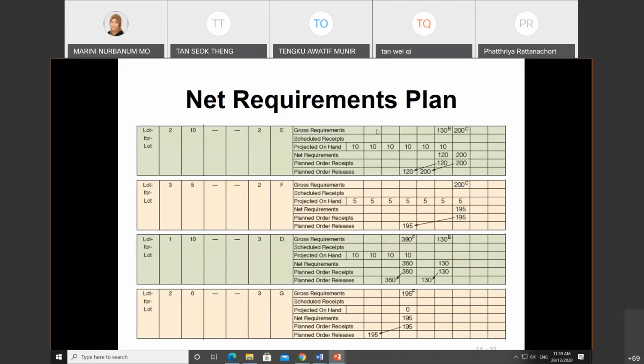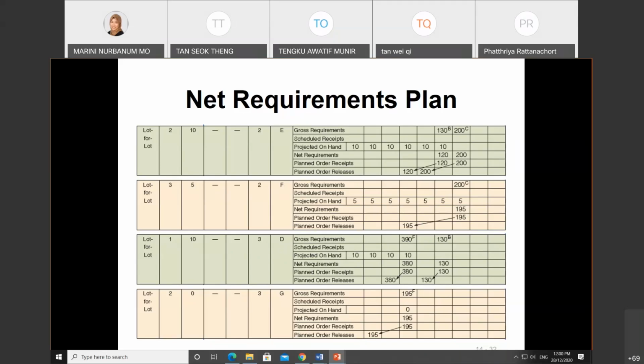So if in week 5, 130 needs to be produced minus your on-hand inventory 120, refer to lead time of 2. So you minus the on-hand inventory from the first label, the first E. F, no problem because you only have one F. For D, there are also two Ds. So you minus off the on-hand inventory in the first D that you encounter in your time phase product structure. So in this case, 390 minus 10, 380, then you incorporate the lead time.